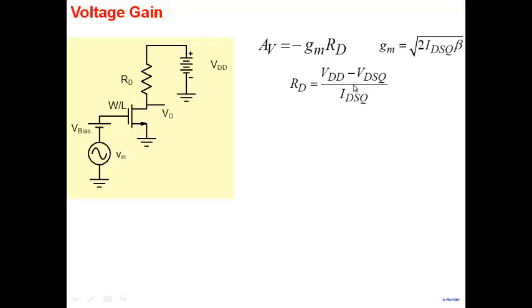So RD you can write as VDD minus VDSQ divided by IDSQ. Okay, so we take GM, we take RD, we plug it here, and we get this expression. Okay, AV equal to minus square root of 2 beta by IDSQ, times VDD minus VDSQ. All right, so how can we increase the gain now? What are the ways of increasing gain?